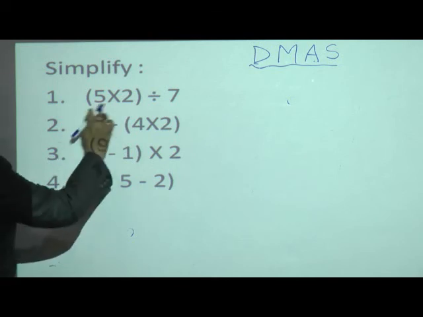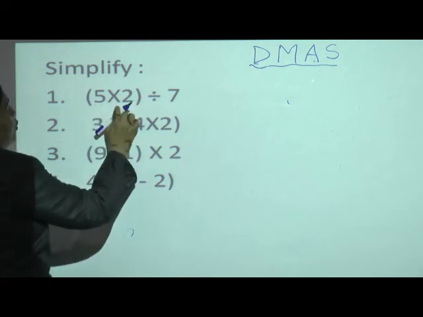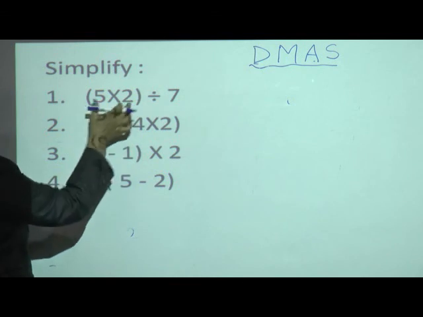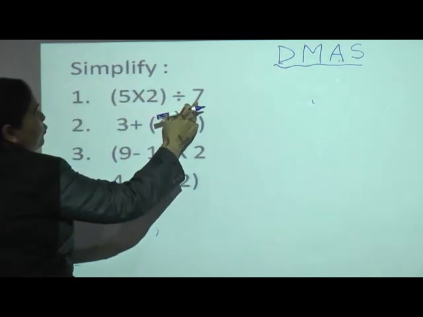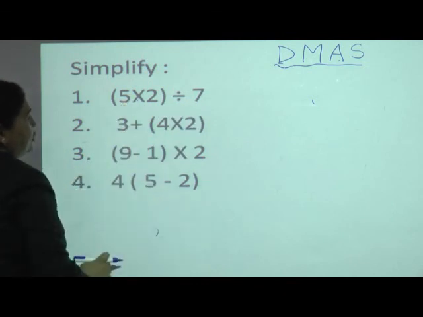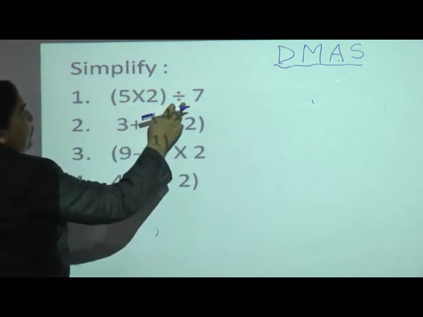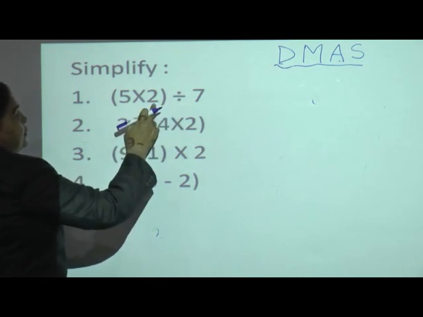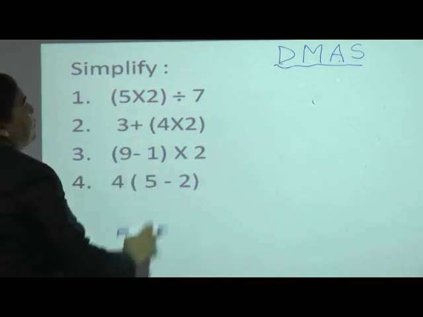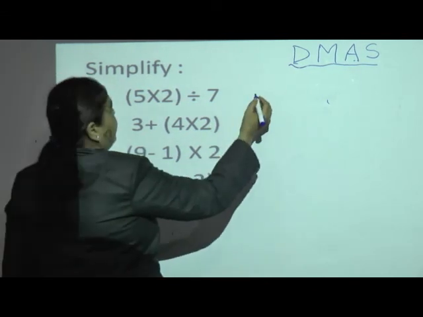First we have to solve the round bracket. Again we have to follow DMAS, then go for division. What will be the answer of this? First what we have to do? We have to divide. What will be the answer here? Anybody? Okay, we will solve here.